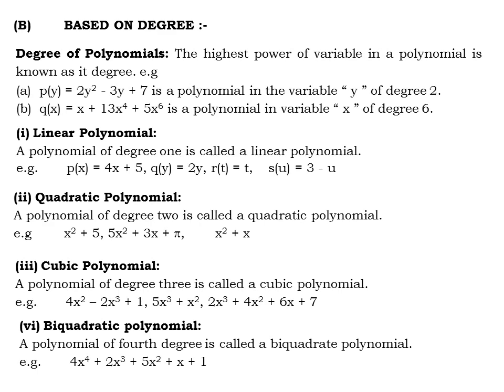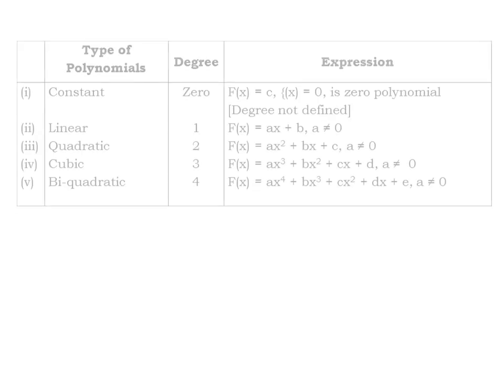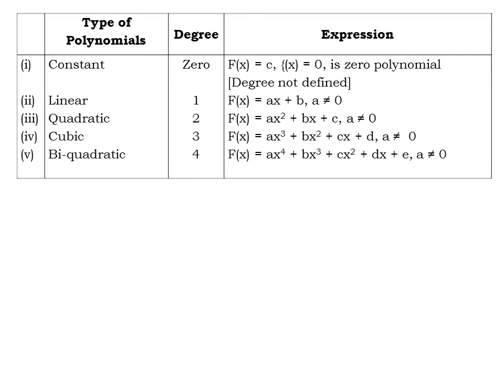Now, the following table will show the types of polynomials, their degrees and their standard formats. The first is the constant polynomial whose degree is 0. The function can be defined as f of x equals c, where the degree is not defined. Second is linear. Degree is 1 and the standard format is ax plus b, where a should not be 0 but a and b are real values.